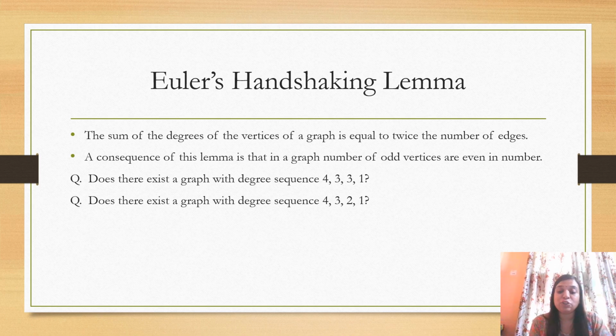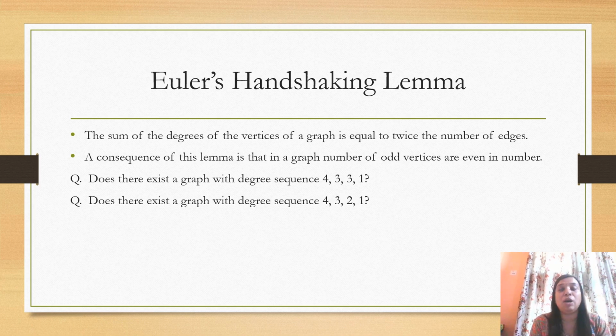So in today's lecture, a quick recap of what we did. We learned how Euler paved the way for graph theory. He's called the father of modern day graph theory. What was the Konigsberg bridge problem?